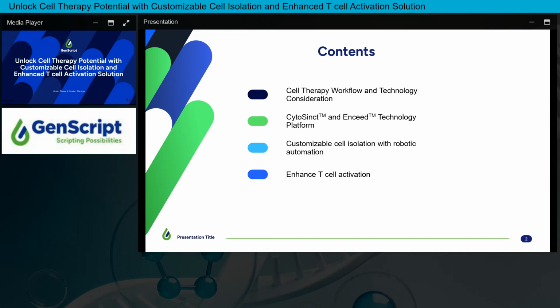And then we'll dive deeper into our newly launched customizable cell isolation service and how to use that in compatible with our robotic automation capabilities with our collaborator Multiply Lab. And then in the end, we'll look into our T-cell activation reagent, Enceed, and see how it can further enhance your T-cell activation and your T-cell-based cell therapy development.